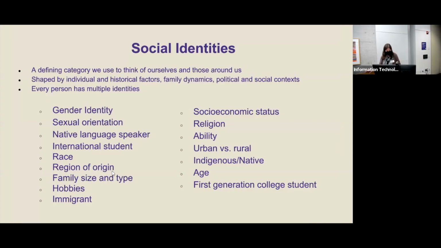So this kind of brings us to talk about social identities, because within culture, we're all individuals and we're all different. So social identities kind of interact with culture. We position ourselves within different social identities, and then we create cultures within those groups. So for example, let's look at age.